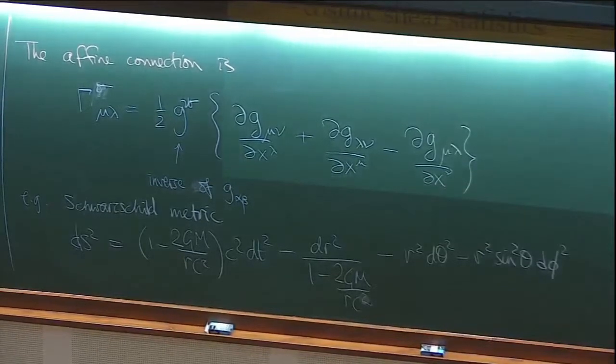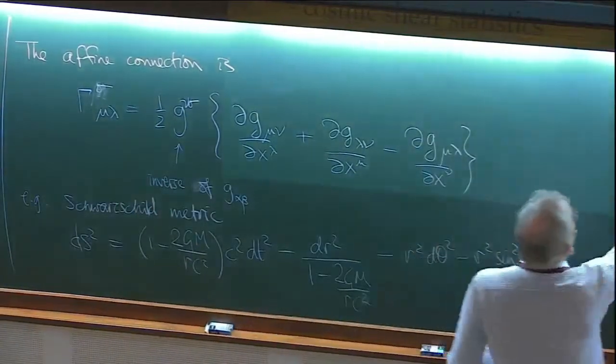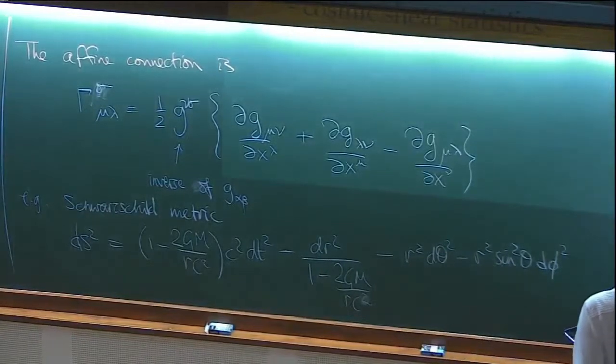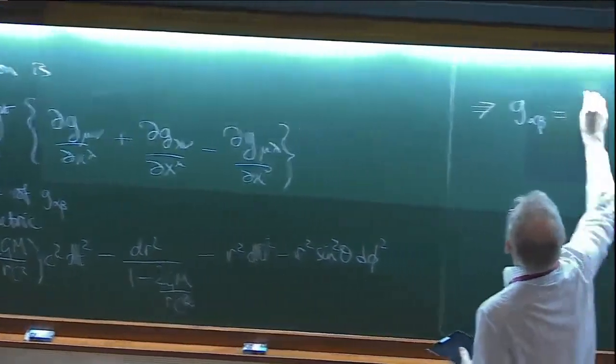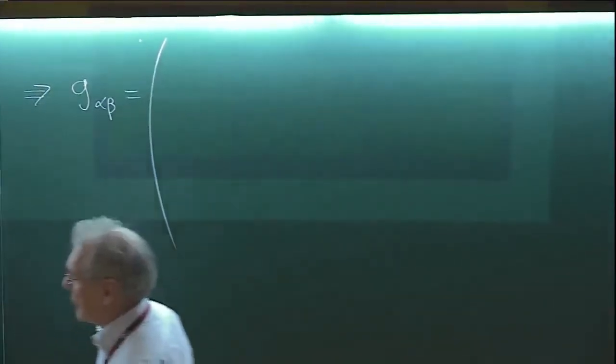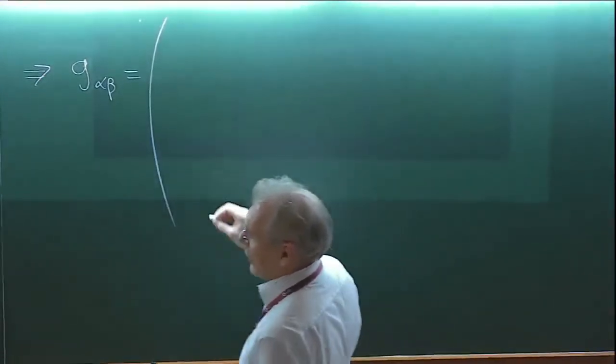R here is an angular diameter distance as determined from the center. ds squared is the interval. So just to remind you, you can then read off the metric tensor just from the components that are in the interval here.